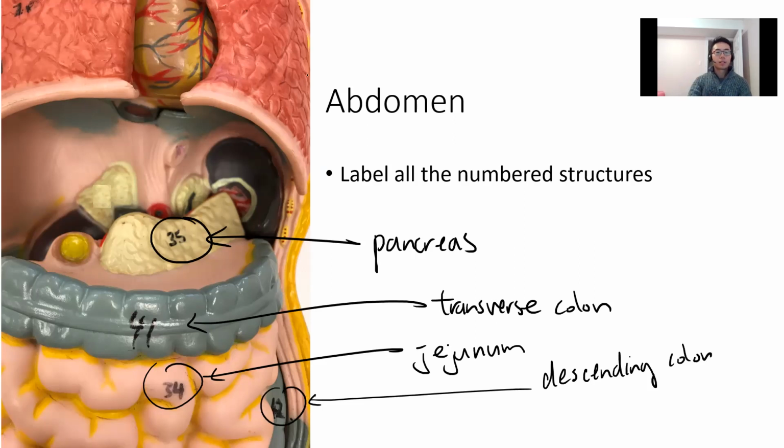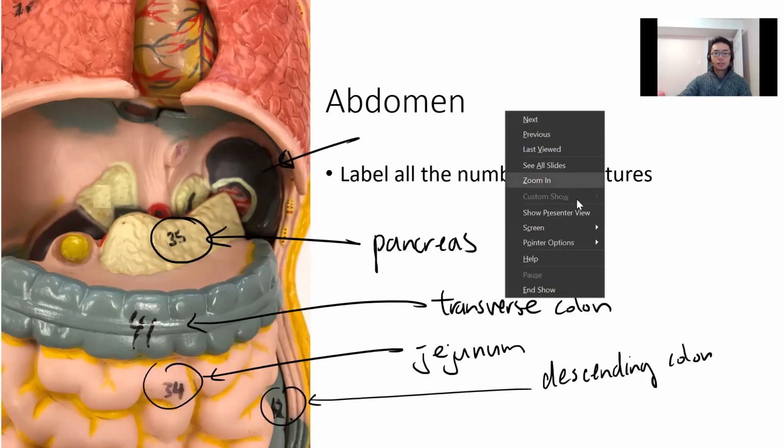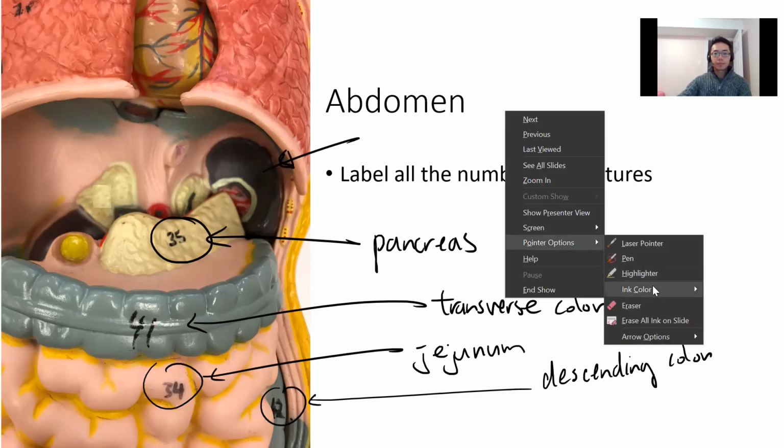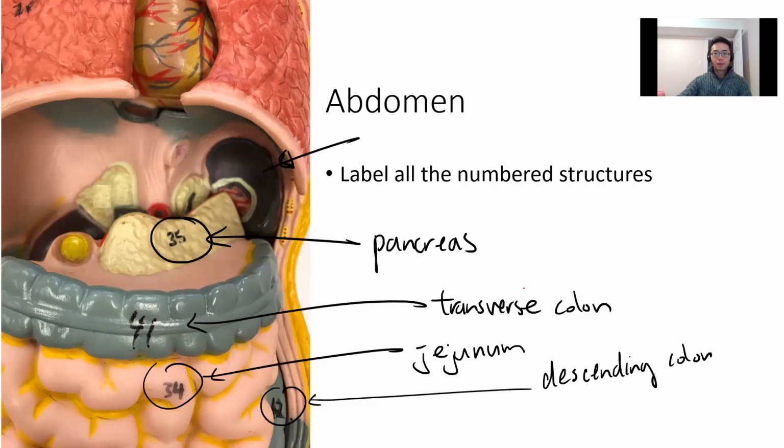Couple other things that you might recognize. This thing right here, this structure. Anybody recognize what that is before I tell you? Again, just checking to see if you're with me.